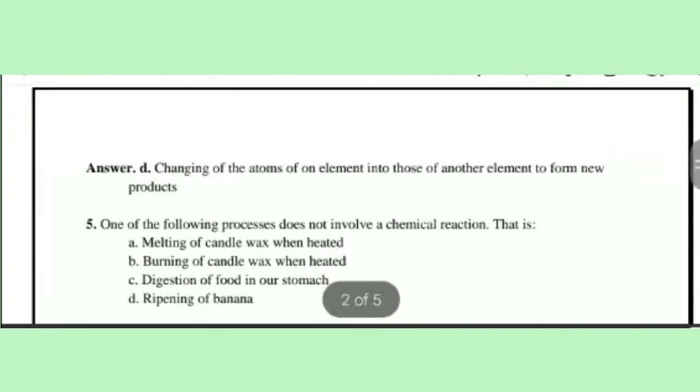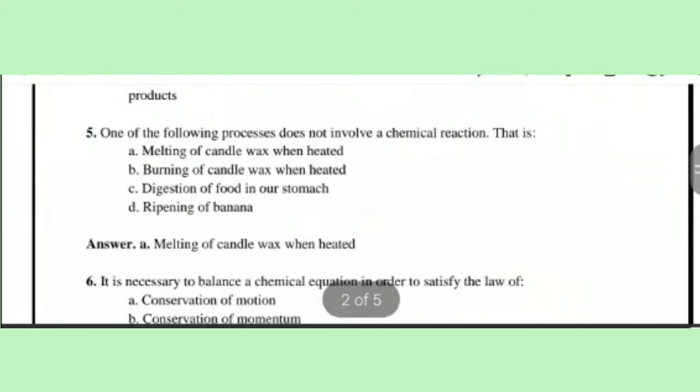So now moving towards our next question. Our fifth question is: one of the following processes does not involve a chemical reaction.